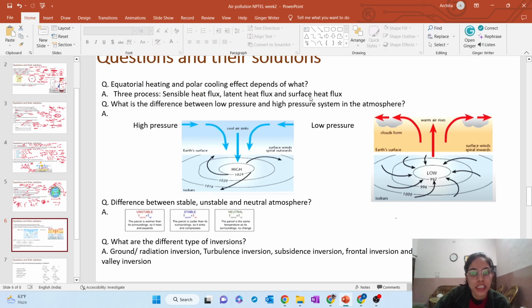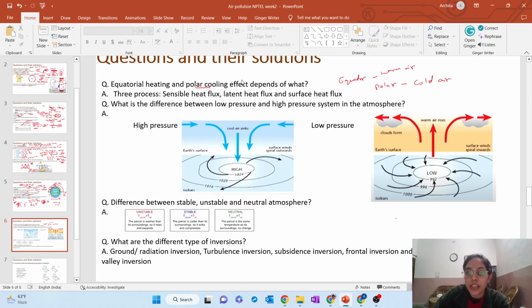Now we see the three cell, right? So from these three cells, what we understand is that the equator has more heat, it has more warm air, right? And what we understand from the pole is that it has more cold air. So this is what happens: there is heating at the equator and cooling at the pole.